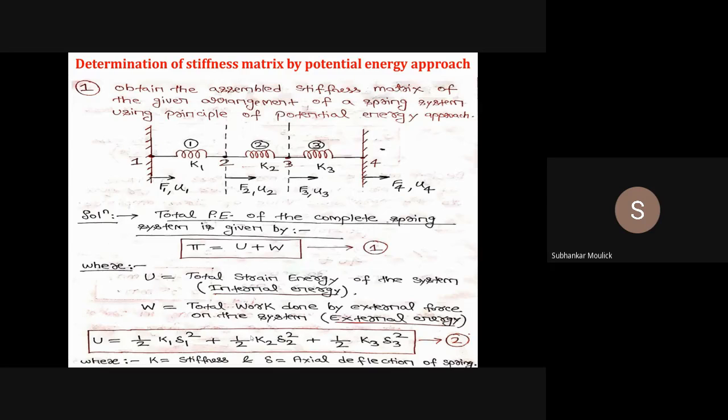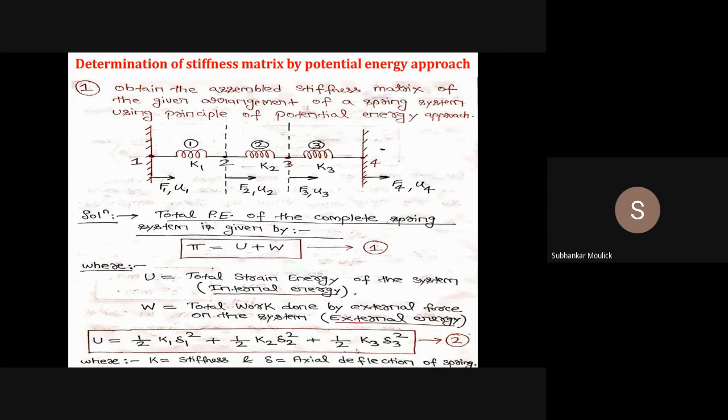Now, if you see, equation number 2 is what? It is a function of delta, because K1, K2 and K3 are the stiffness of the springs, which are constant values. What is changing continuously? Deflection of each element is changing continuously due to the change in the nodal forces.